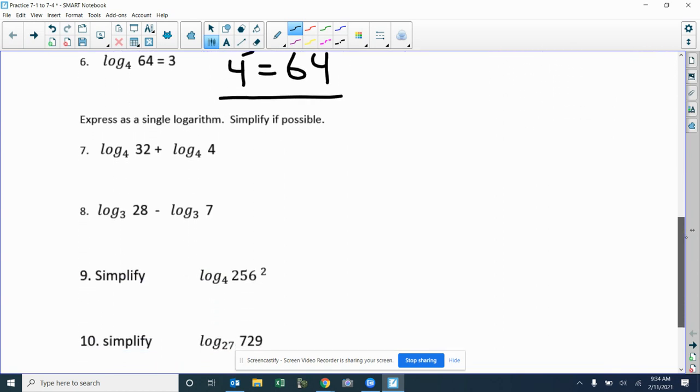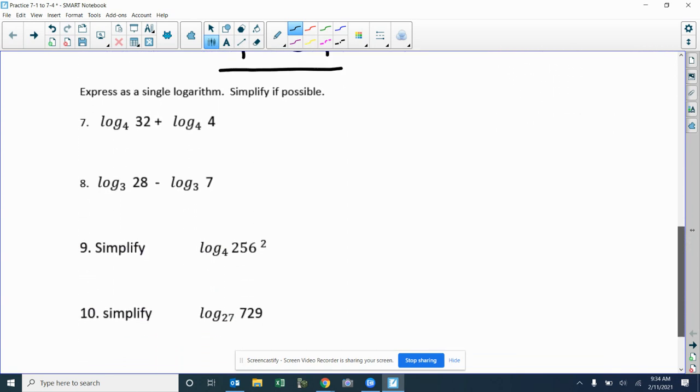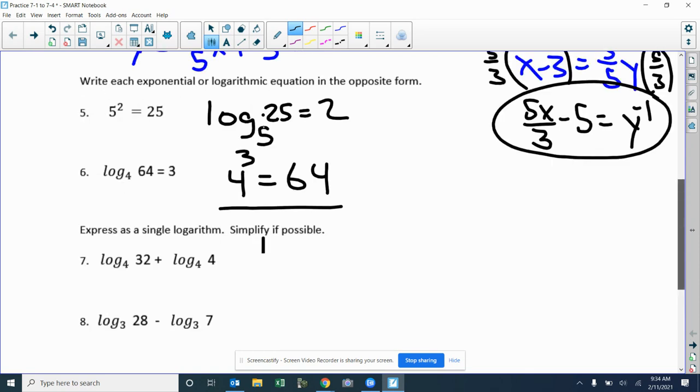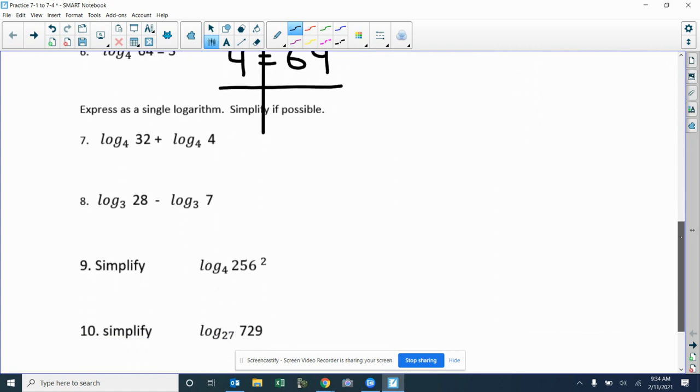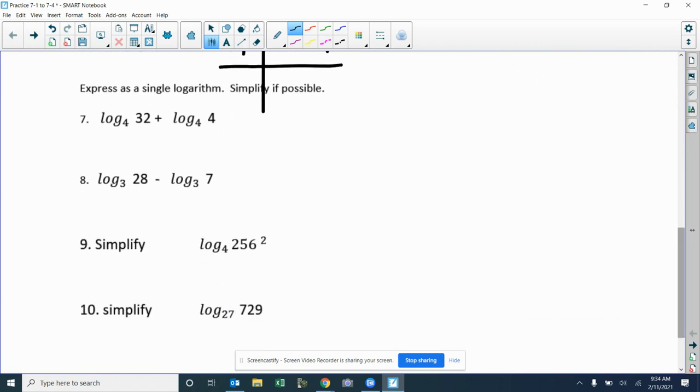Bust your calculator out. Let's practice getting some of these. I have a plus sign, so I'm going to write it as a multiplication. So plus sign turns into a multiplication to get them as 1. All right, so I'm going to end up with still log base 4 of 32 times 4, which would be 128.